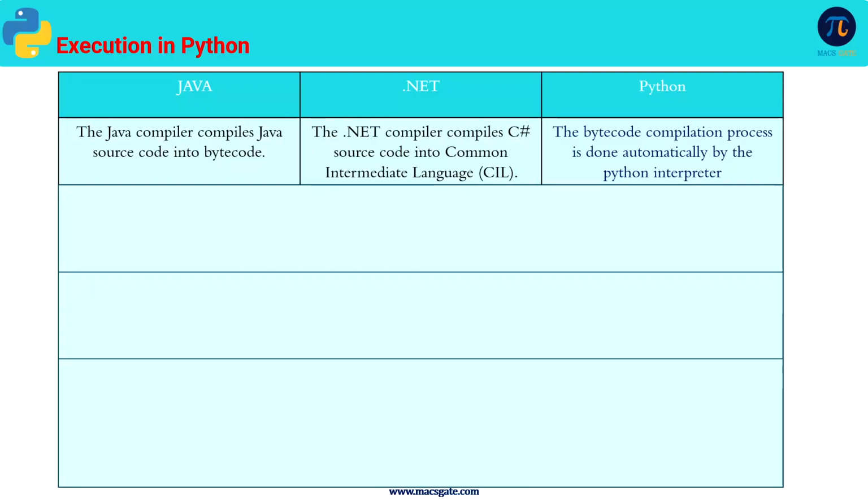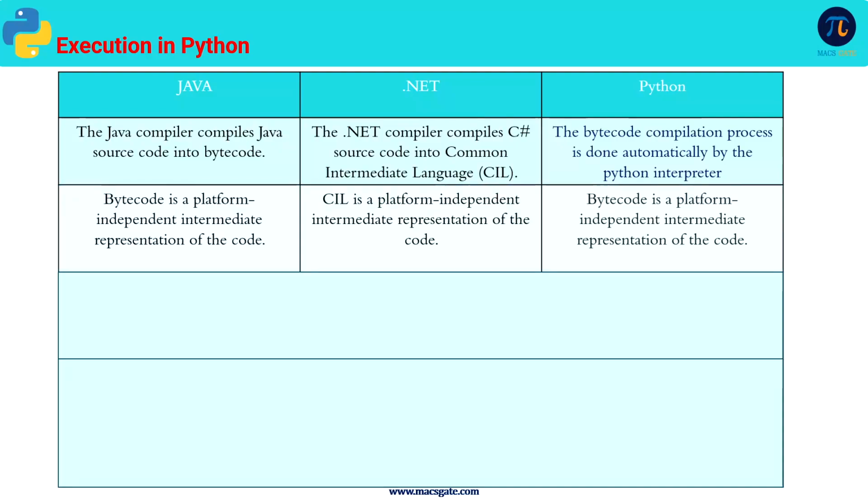So you don't see it explicitly, it happens automatically. Because of this, Python is also called a compiled interpreted language. Now this particular bytecode, or in .NET it is called CIL, or the bytecode of Python, they are all platform independent, which makes these languages portable.